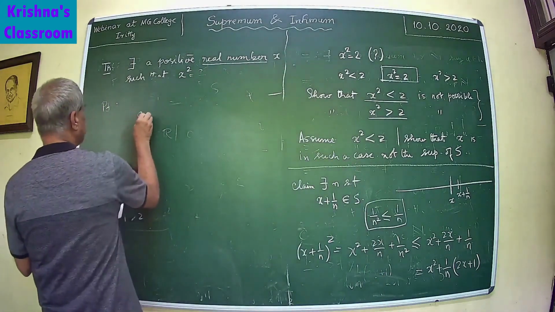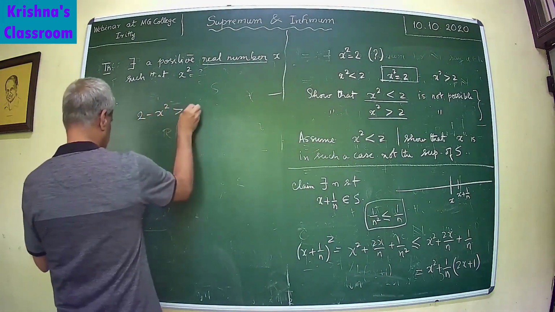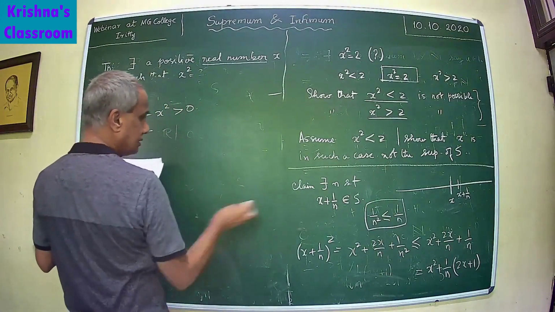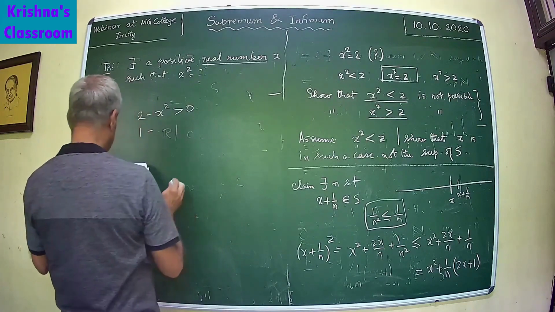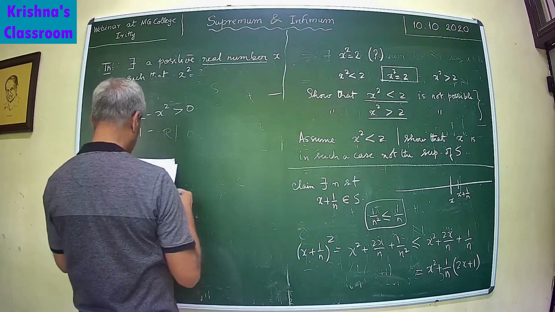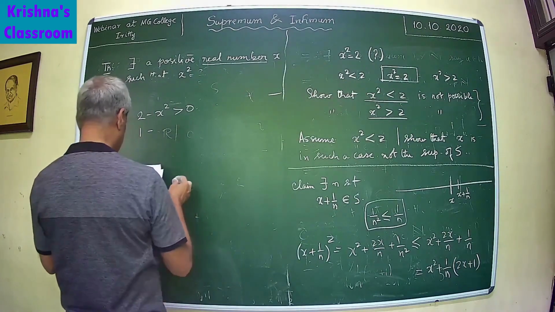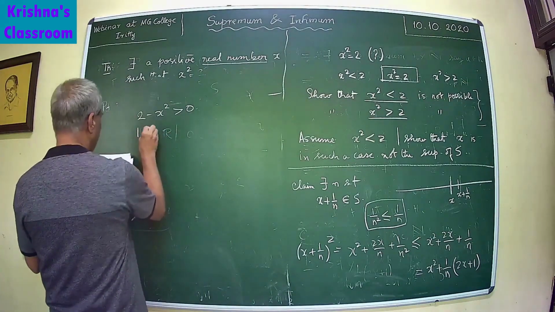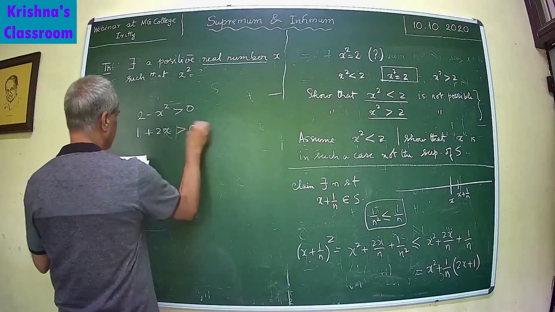Now 2 minus x square is positive, and 1 plus 2x is positive.